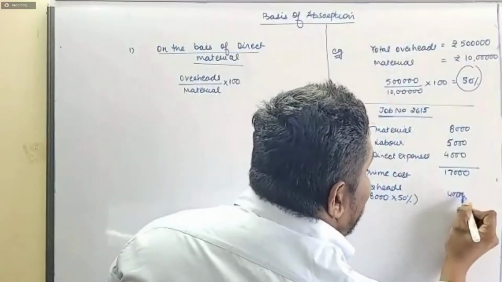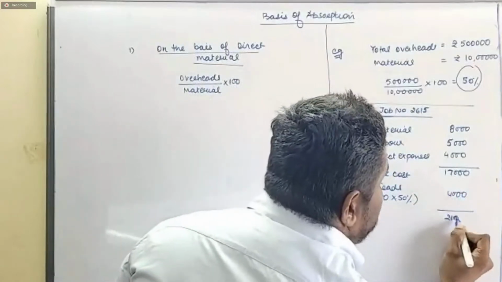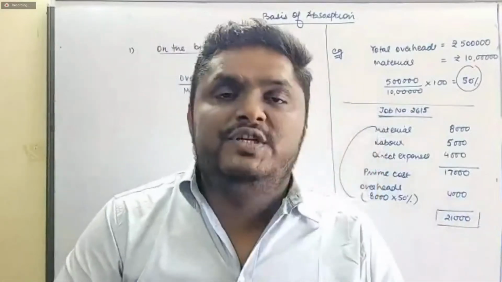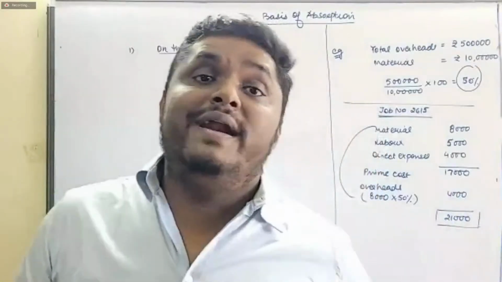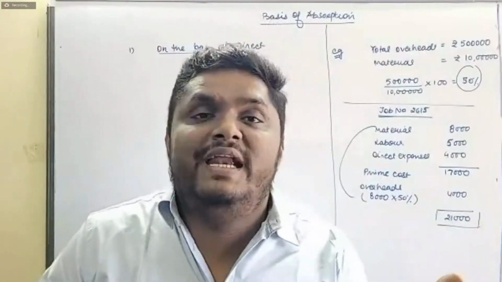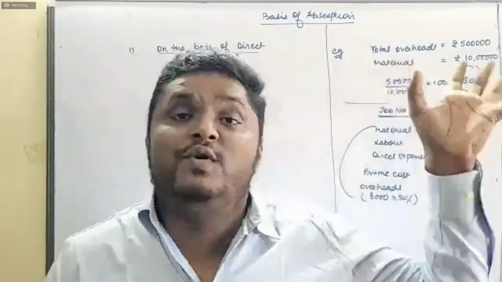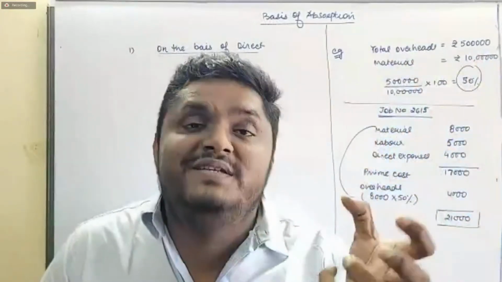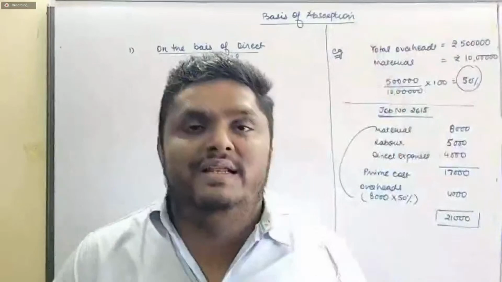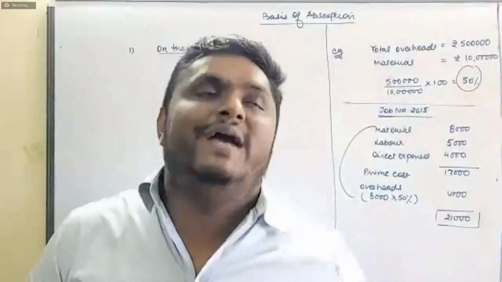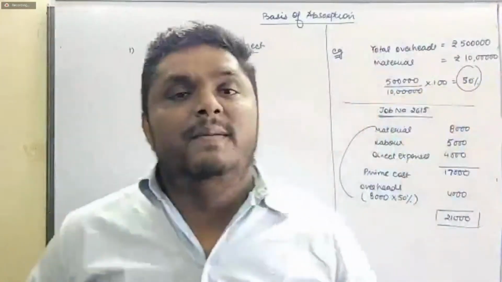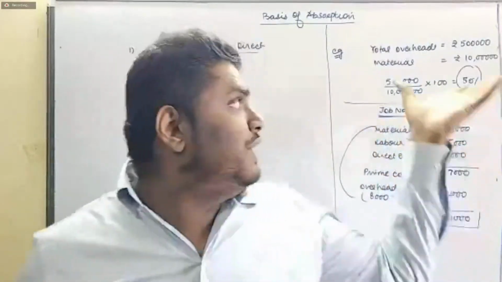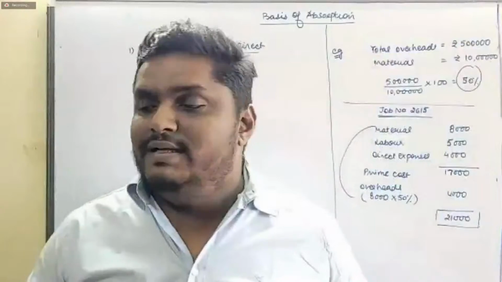Therefore, my overheads will be 4,000 and my total cost will be 21,000. So if the question says overheads are to be absorbed on the basis of direct material, it means we have to calculate the percentage, that is, how much percent the overheads are of the total material cost. If you want to copy this explanation, please copy it as I'll be erasing this part. I request you to please copy it for better understanding.